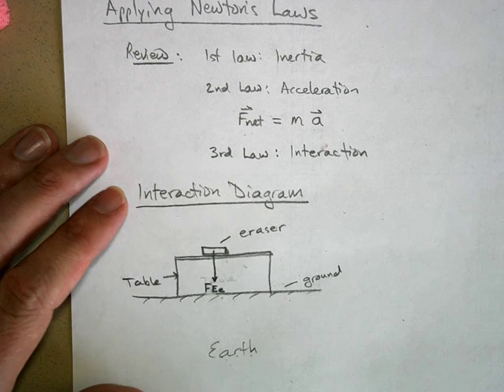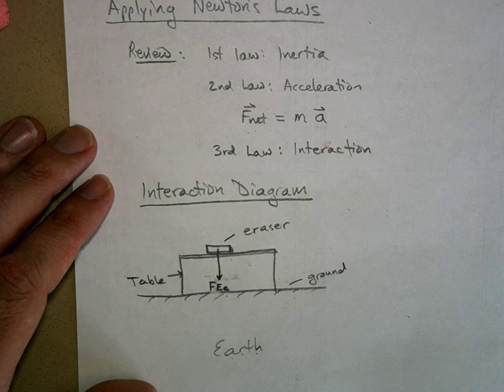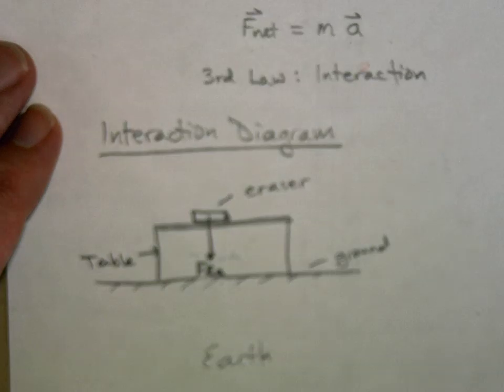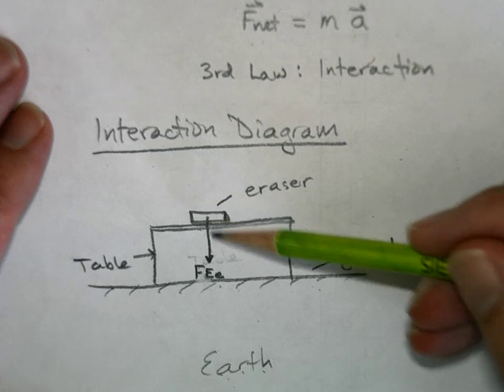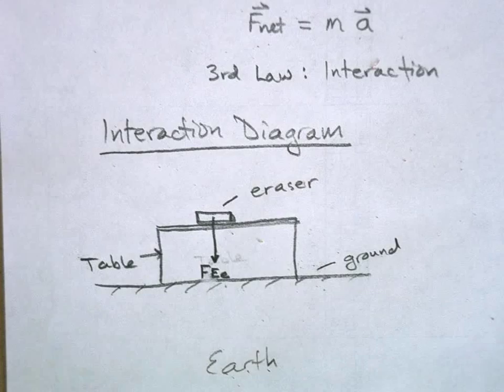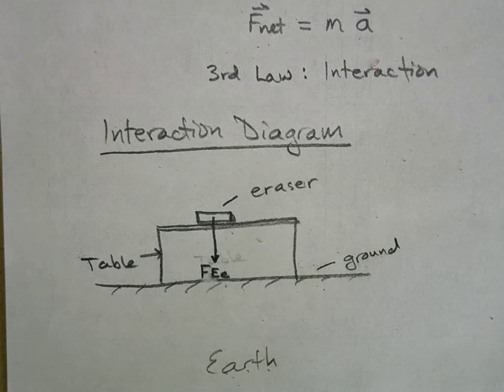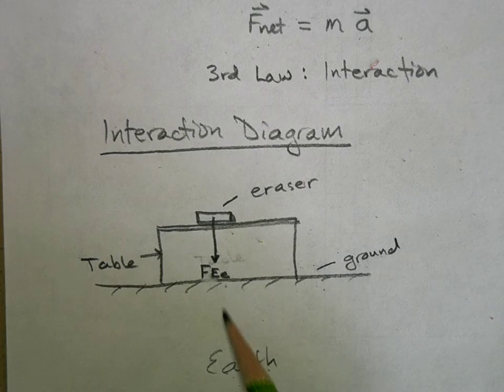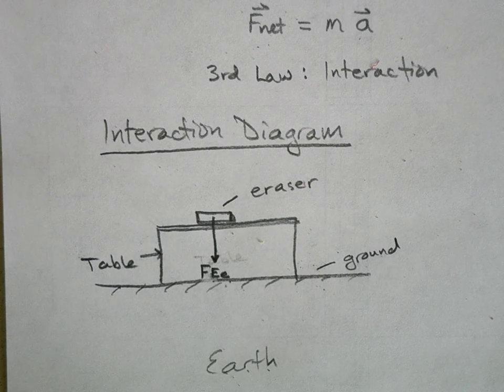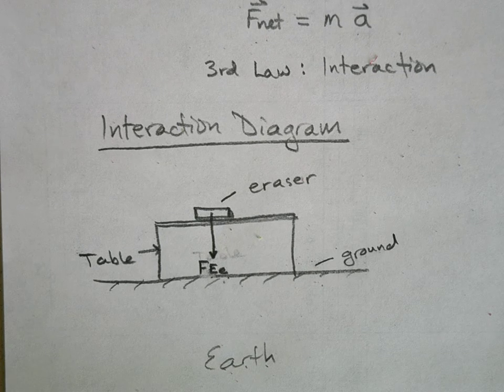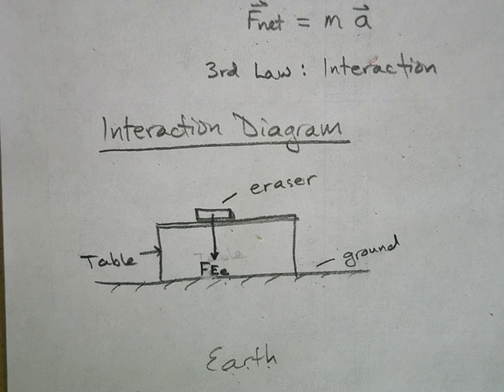So let me zoom in. What is this force? It's got a magnitude and a direction, so it can be represented with an arrow. And this arrow represents the earth pulling on the eraser. The earth is pulling it straight down towards the center of the earth.